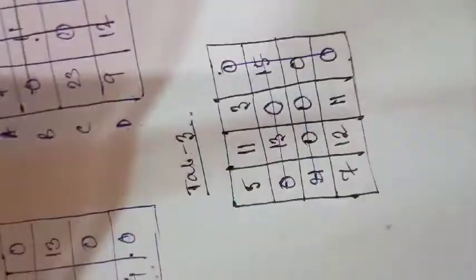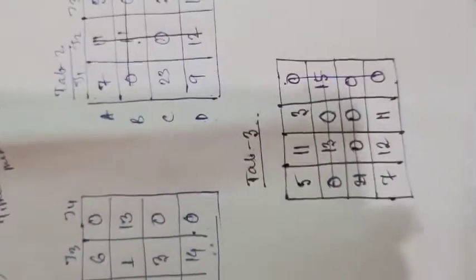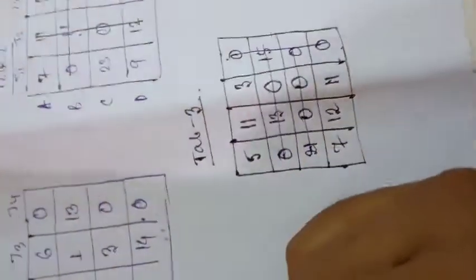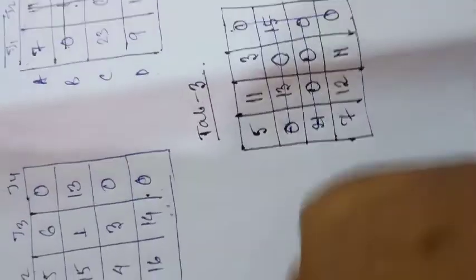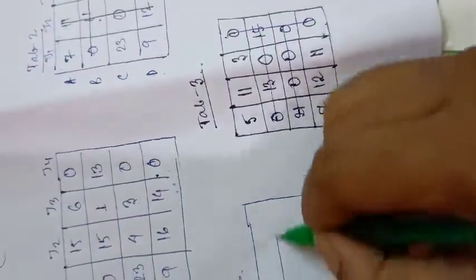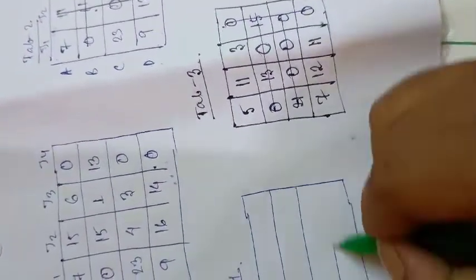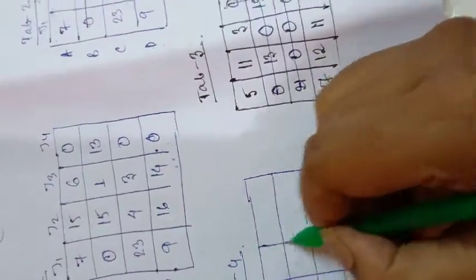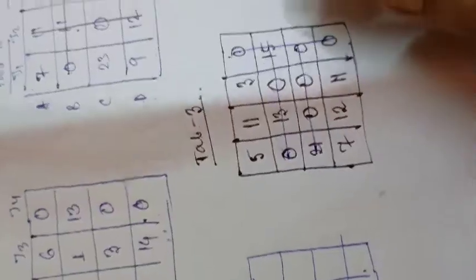So again we will find the minimum element and subtract it from all other elements in the table. So in table 4 it will be 2.